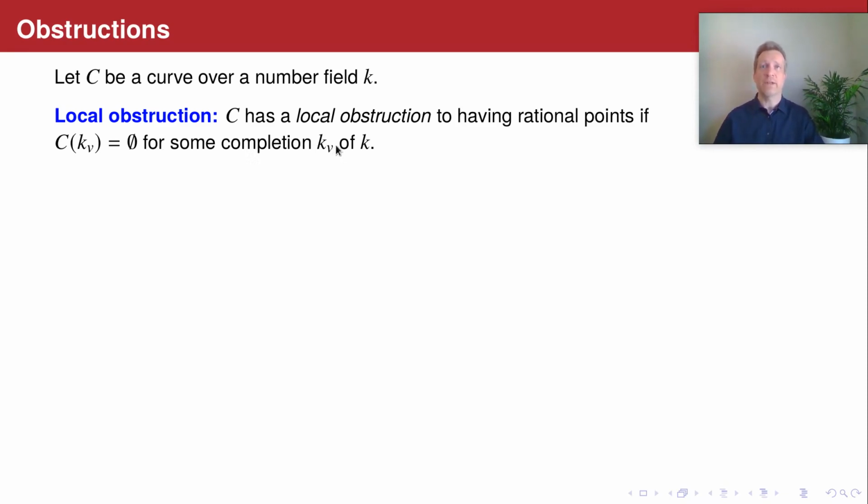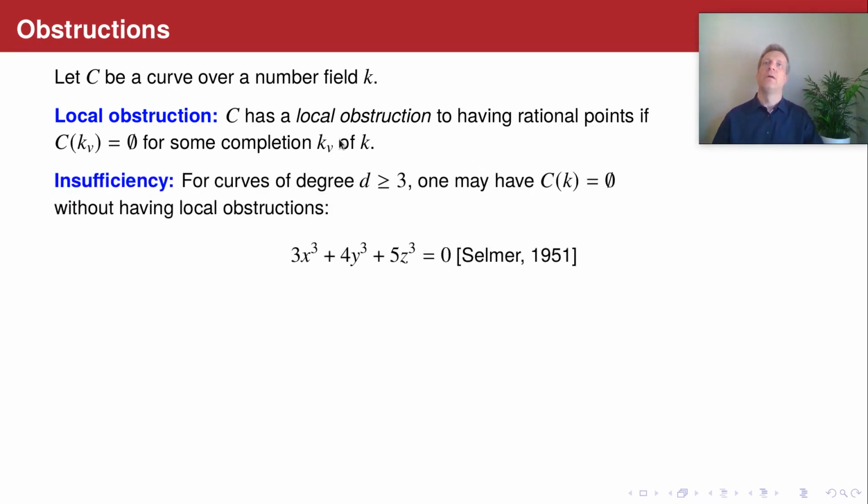There are relatively efficient algorithms for doing so. Local obstructions are insufficient in general, though. For curves of degree at least 3, one can give examples where we know that there are no rational points and yet there are no local obstructions either. Selmer gave a famous example of a cubic equation like this.